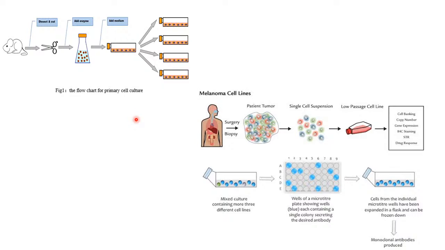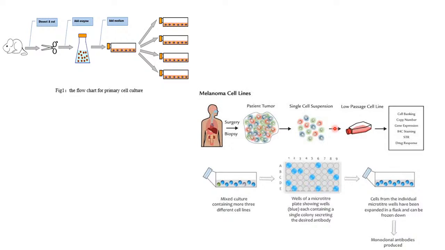Similarly, people have taken a biopsy, the tumor of a human melanoma patient, and prepared a single cell suspension by all these methods: mechanical digestion, then adding the enzymes. Then they established the primary cell culture, and then they pressurized the primary cell culture by different methods, doing subculturing again and again.